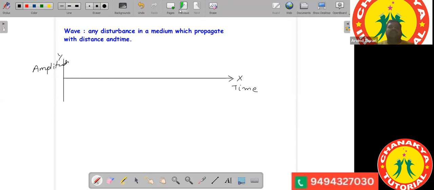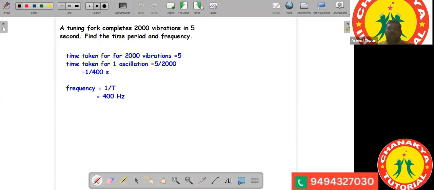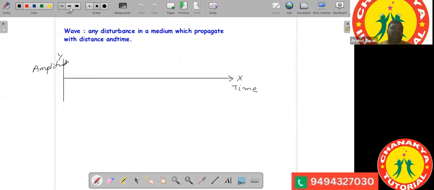That means we have not amplitude, rather let's say it's displacement versus time. Okay, let's have this be displacement. So we have this displacement versus time. Okay, so on the y-axis we are plotting the displacement. On the x-axis we are plotting the time.